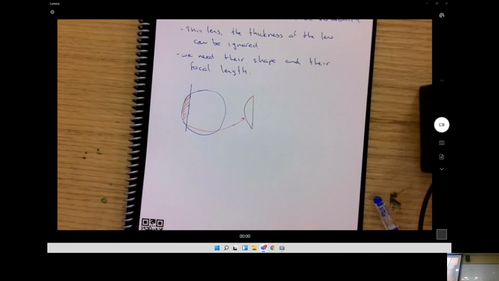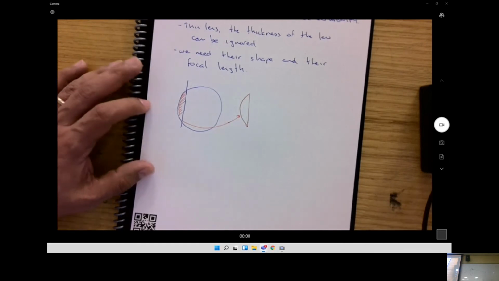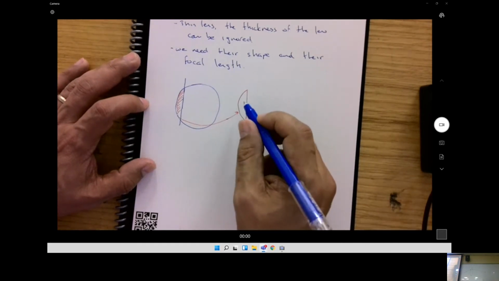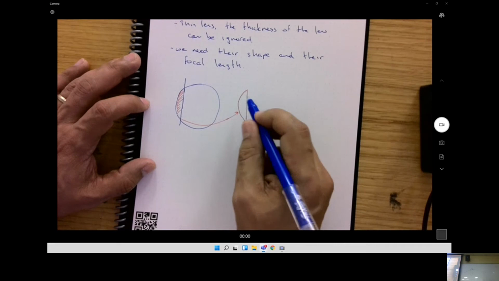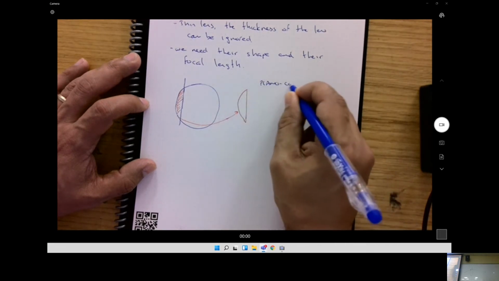This particular shape we call a plano convex lens.